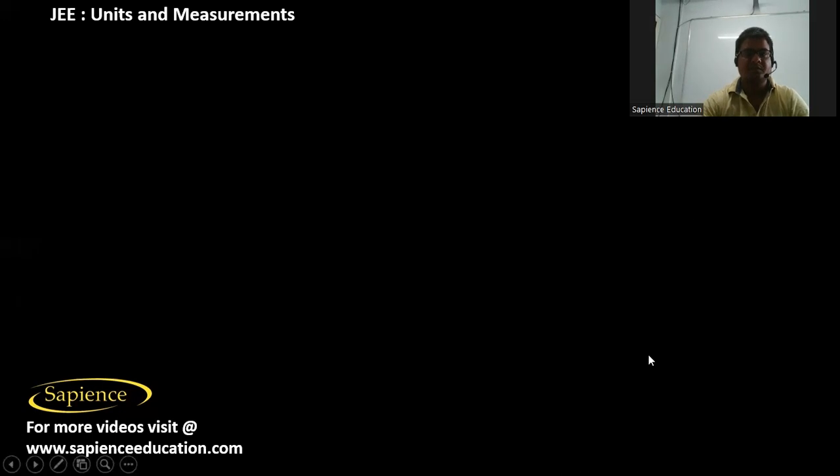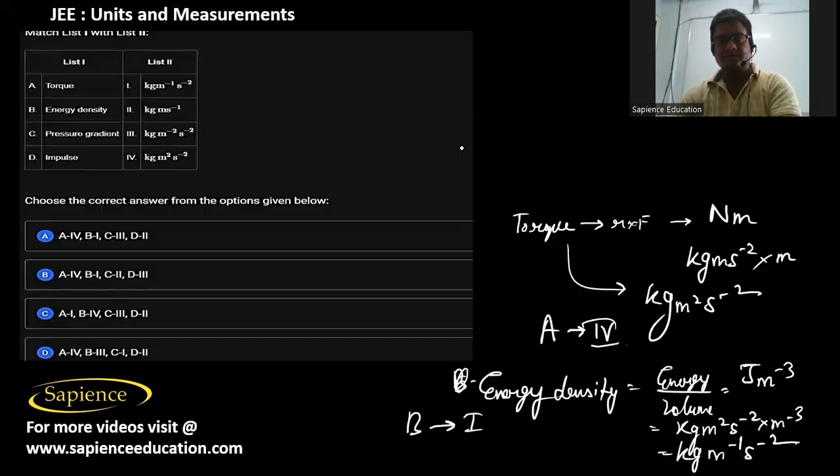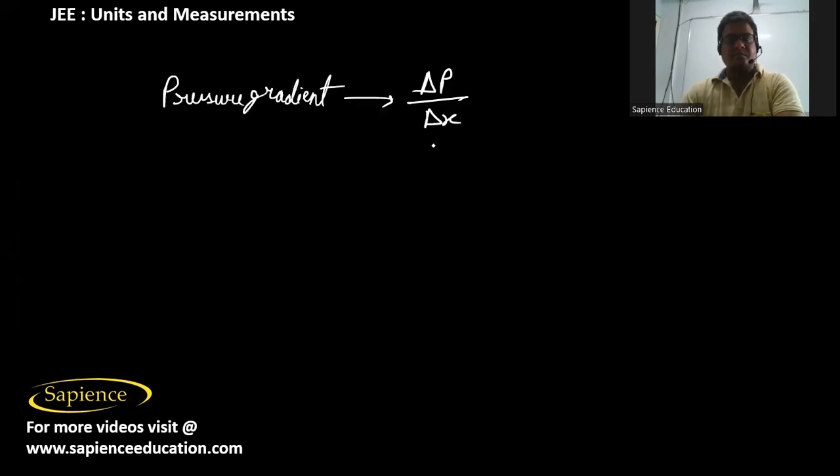C is pressure gradient. And so the pressure gradient means it is the change in pressure by change in the length. So I can say it will be force by area times the length.